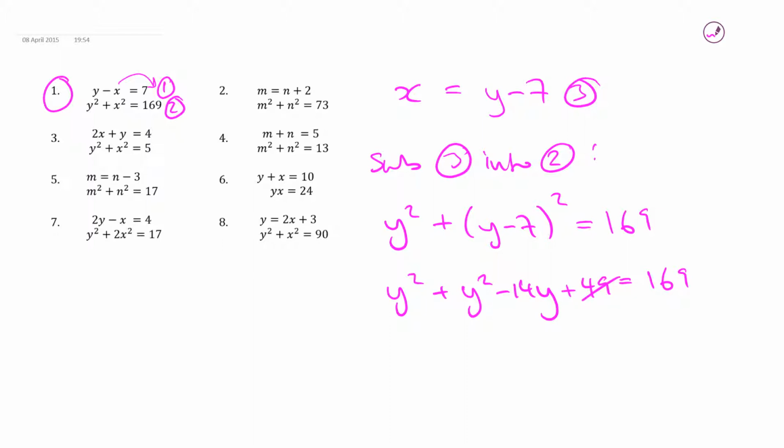So cool, y squared plus... Actually, what am I doing? I'm going to write the wrong thing. Okay, that's 2y squared minus 14y, and then you can do 49 minus 169.